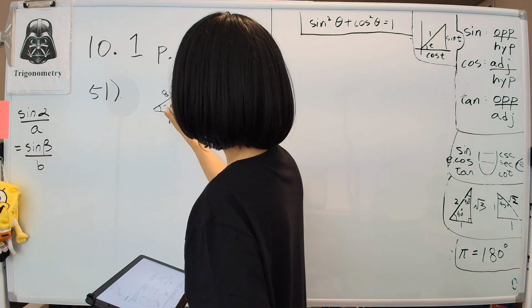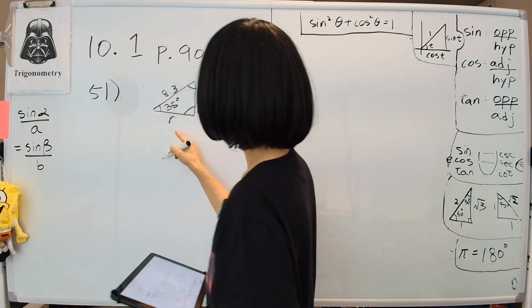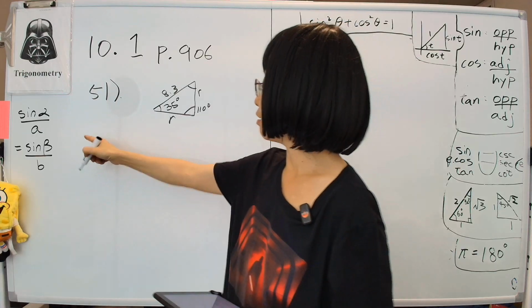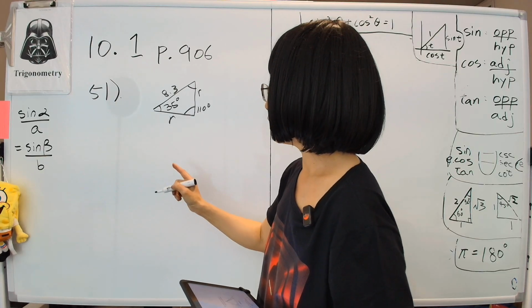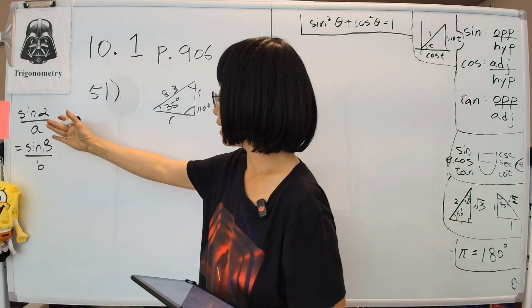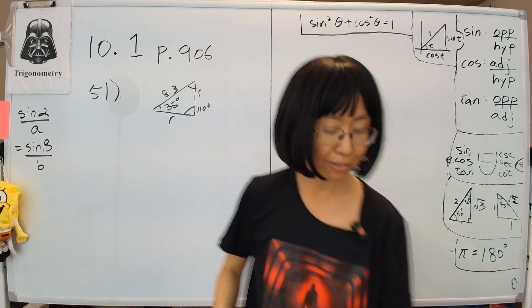Once we know that, we can figure out what r is with the law of sine. Okay, so then law of sine, I guess I'll flip it around and do it the other way. It might be a little faster.